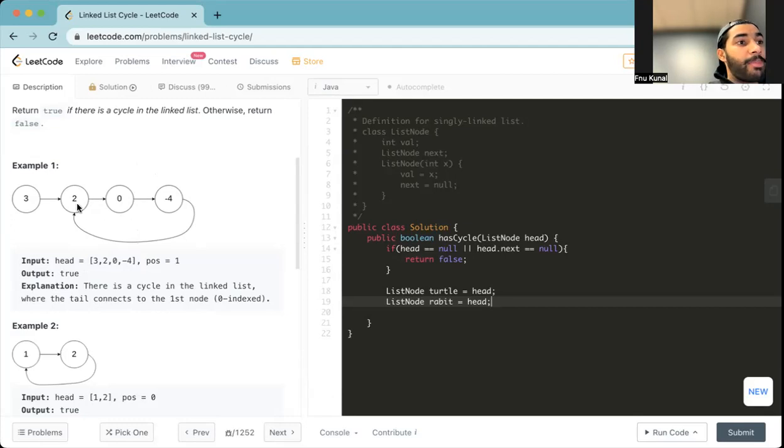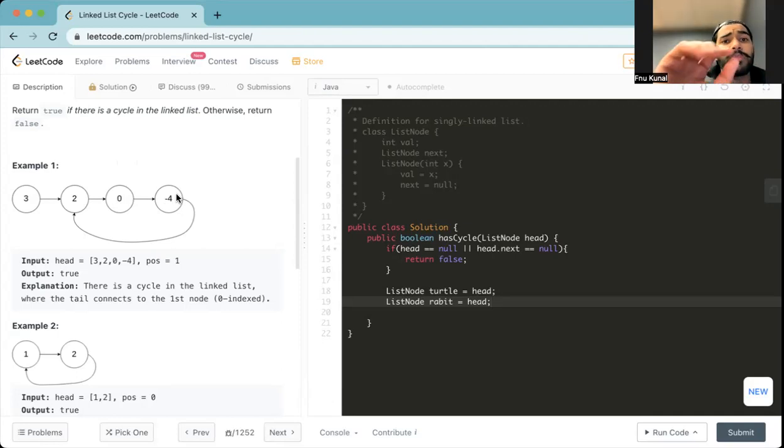Now again my rabbit is going to take 2 jumps. From 2, it's going to be on 0 and -4. My turtle, which has already taken 2 steps, now takes its third step to -4, and they are meeting here.